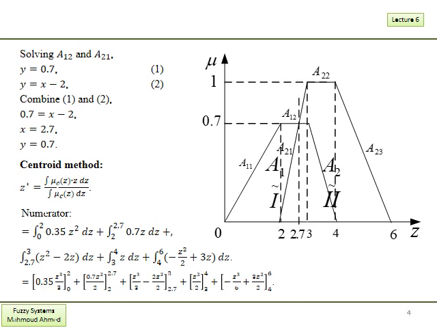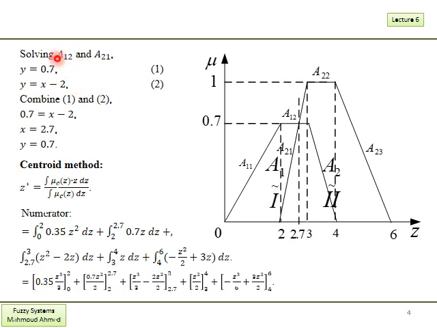So we simply solve for the two equations a12, yes, this line, and a21 in order to find this intersection point and to determine accurately the x point of this intersection point on the z-axis, which is 2.7.